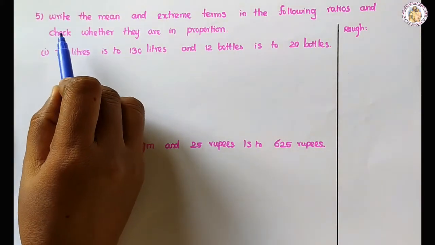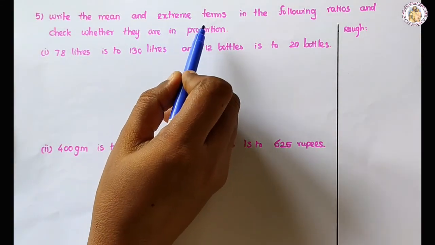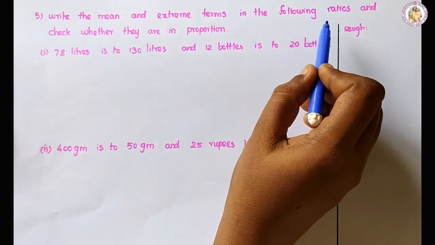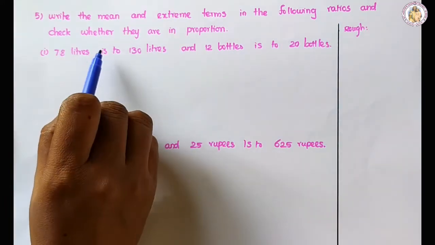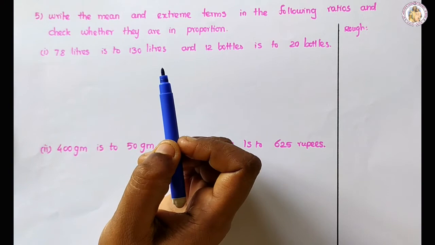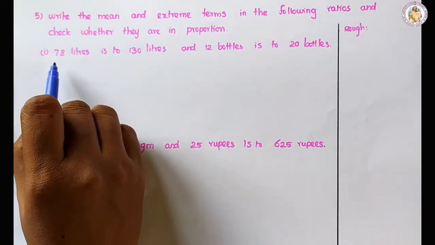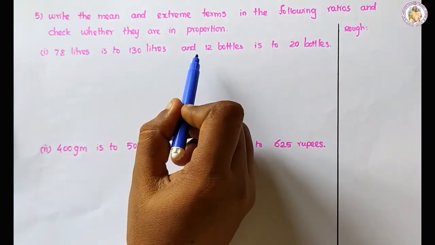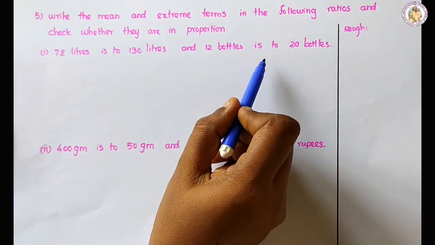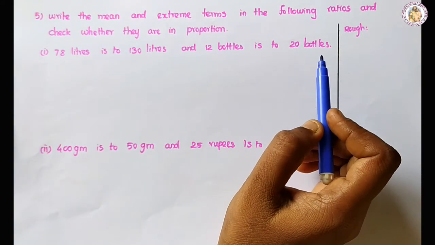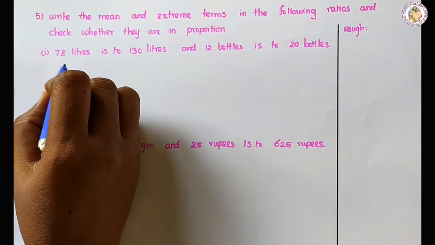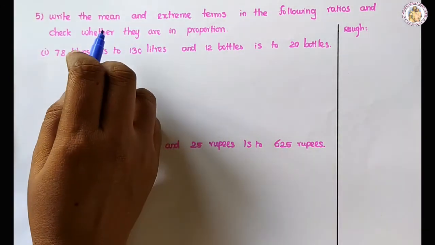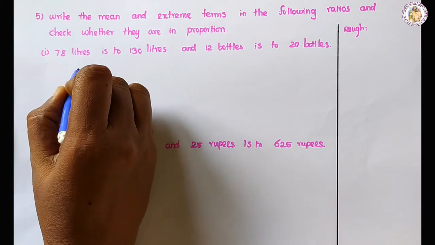Fifth question. Write the mean and extremes terms in the following ratios and check whether they are in proportion. First subdivision, 78 liters is to 130 liters and 12 bottles is to 20 bottles. Listen, first write in mean and extreme terms.